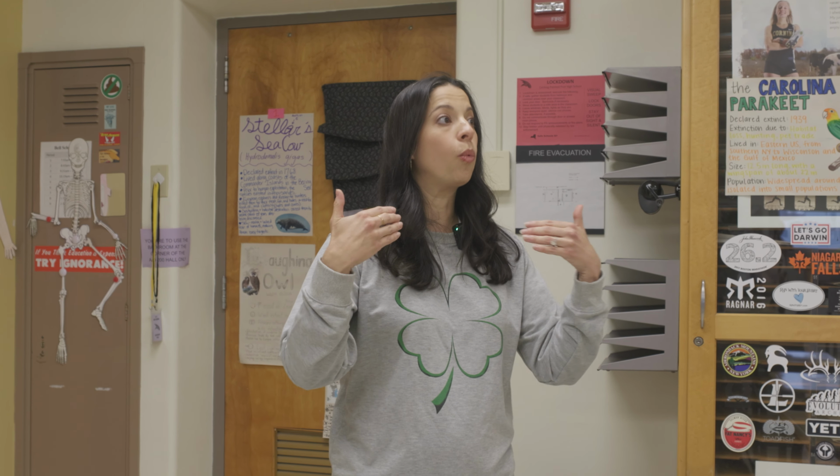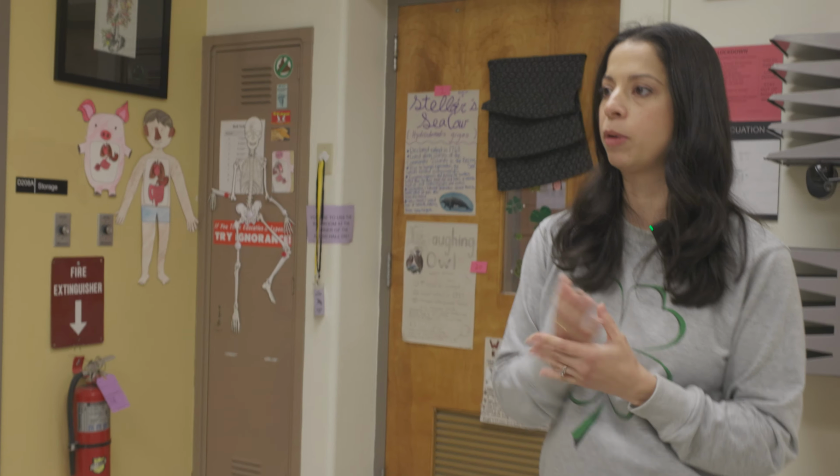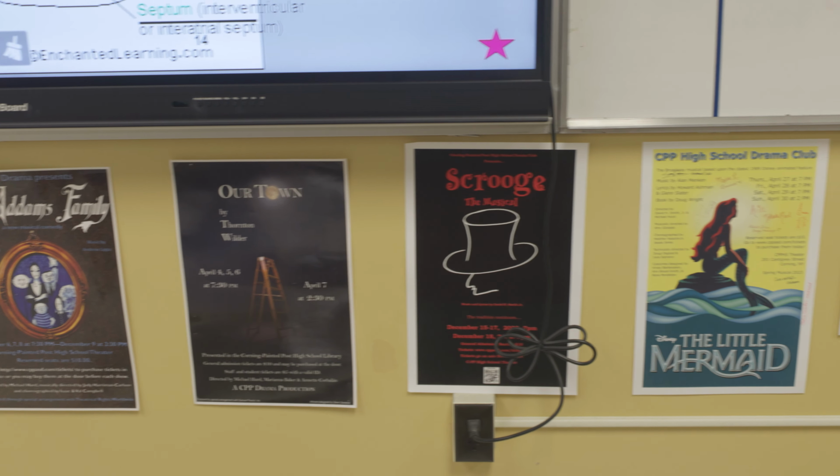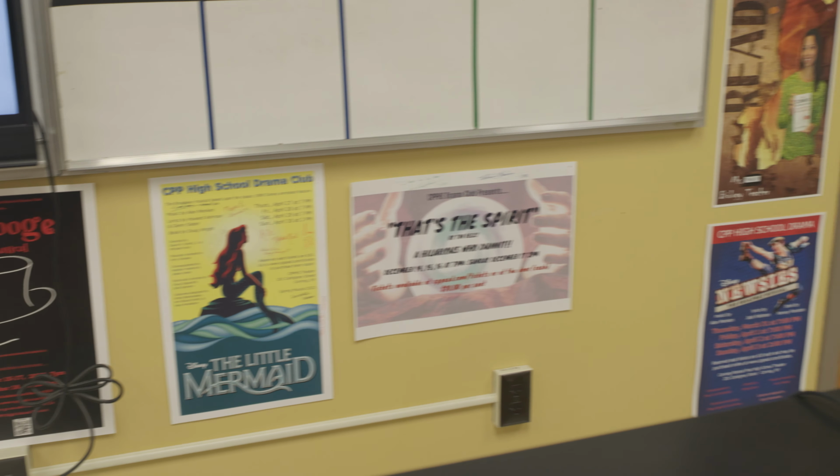The fourth element that I think is key is a way to connect me with the students. And that's what I think of with all these drama posters that I have on the wall here. Years ago, Mrs. Grinnell and I were the costumers for a lot of the plays and musicals.